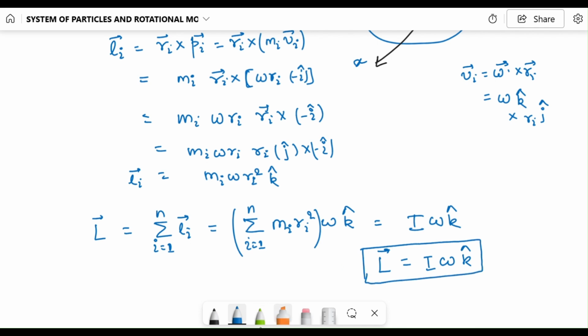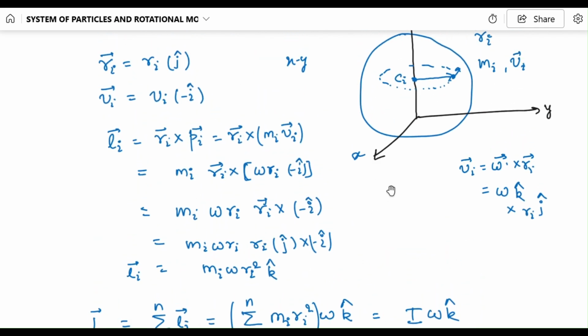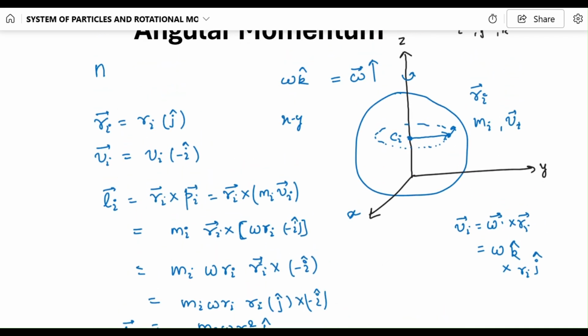But here we have a problem. If we take n number of such particles, then we will have Ci from C1 to Cn, meaning n number of centers, one for each and every circle.